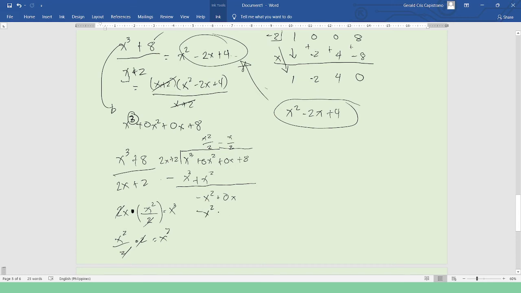So, magkakaroon tayo dito ng negative 2x. Cancel yung 2. So, x na. Okay. Then, minus lang natin. Babaliktad yung sign. So, magiging x. Okay. Then, ang next natin dyan, bring down lang natin yung 8.